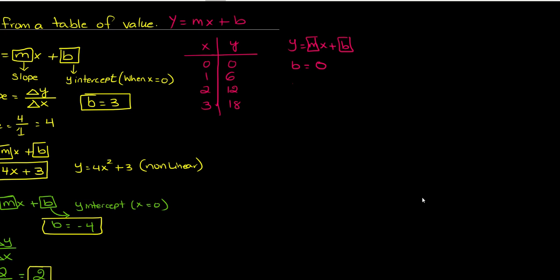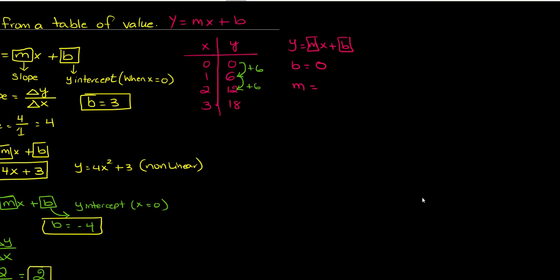Now I need to do my slope. Slope is change in y divided by change in x. So what is the change here? From 0 to 6, how many steps do I need to take to get to 6? Or 0 plus what will give me 6? It's 6. 6 plus what will give me 12?